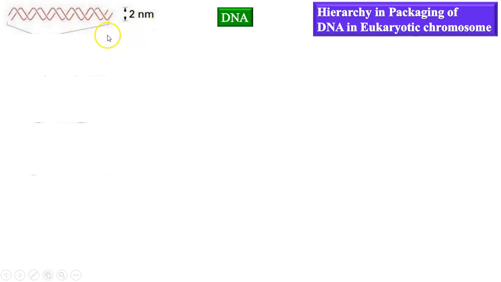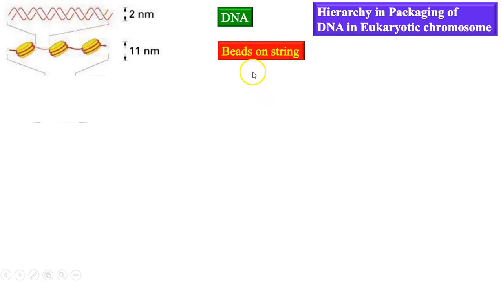We have seen that in the eukaryotic cell nucleus, the DNA is never present alone. It is associated with histone proteins. So when histone proteins get associated with it, it gives rise to the beads on string structure. These are the nucleosomes. And then the thickness increases to 11 nanometers.